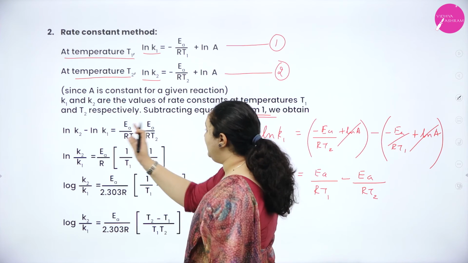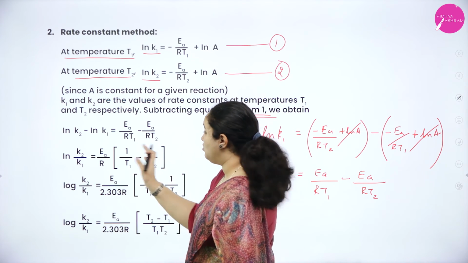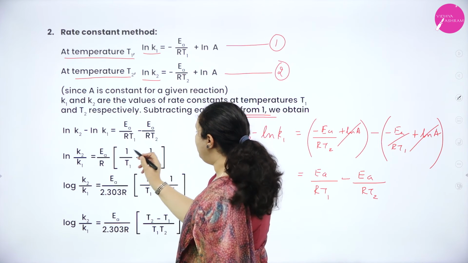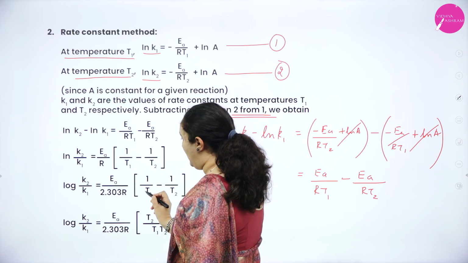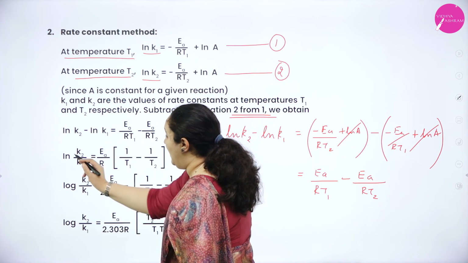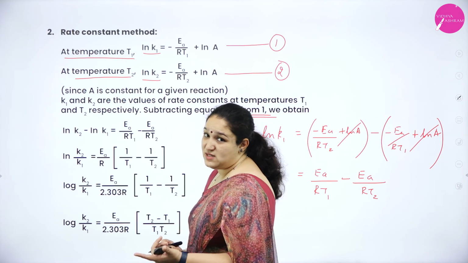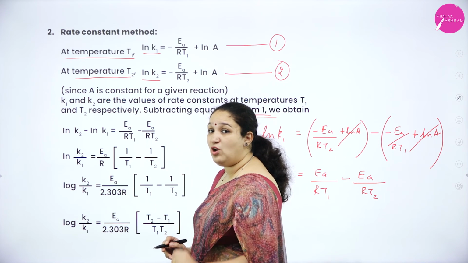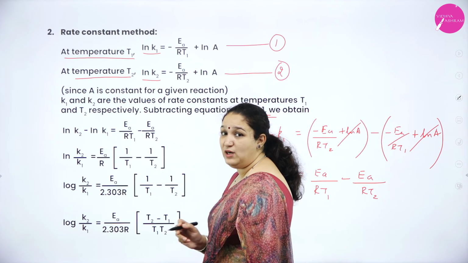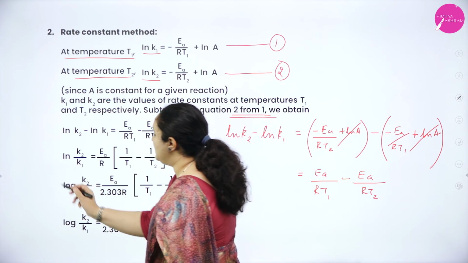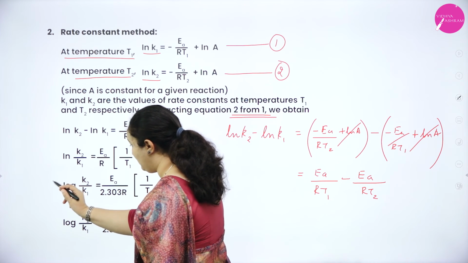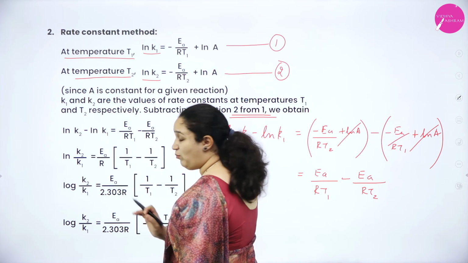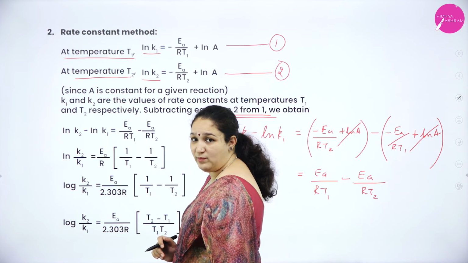Okay. Now, EA and R are common, so we have taken them outside: 1 by T1 minus 1 by T2. So this one, what are we going to do now? ln is there, that is natural logarithm. To convert it to log base 10, I have to multiply by 2.303. So here it is 2.303 log K2 by K1. The 2.303 which is on the left hand side, I brought to the right hand side, so it comes to the denominator.